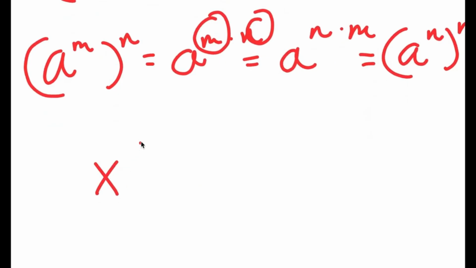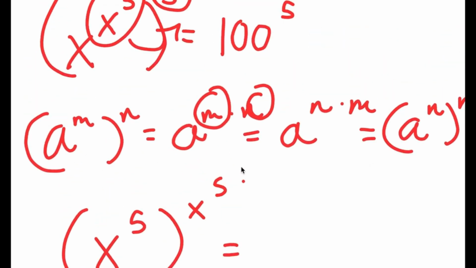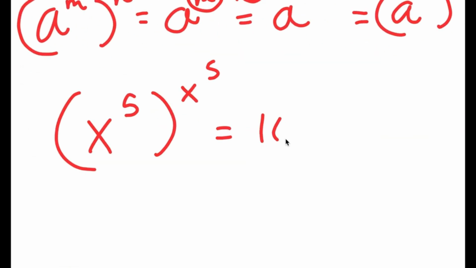And now this is going to equal (x^5)^(x^5) is equal to 100^5.